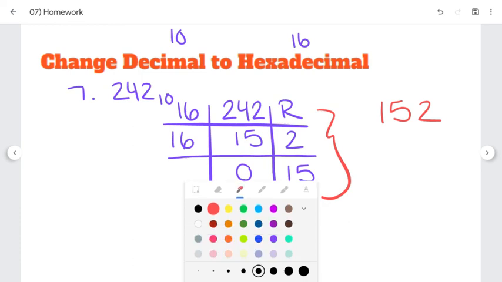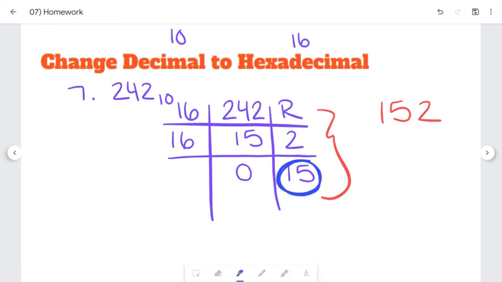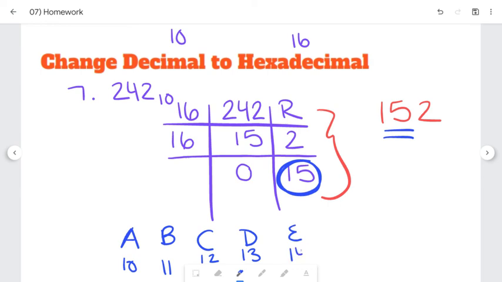Notice that the 15 that's indicated represents one term. So because it represents one term, we can't leave it as a 15 because that's 2 digits. So we think about our 0 through 9, and then A would be 10, B would be 11, C would be 12, D is 13, E is 14, and F is 15.